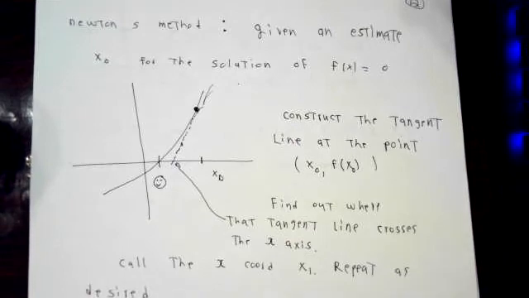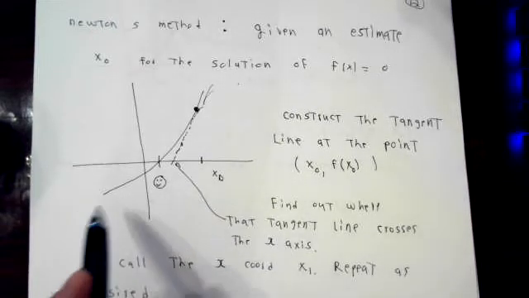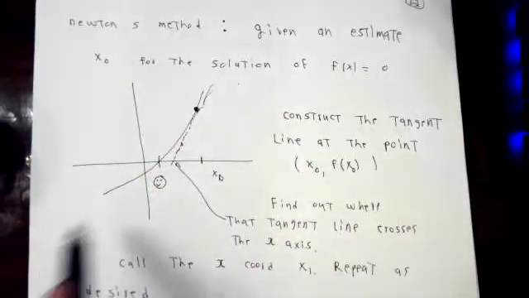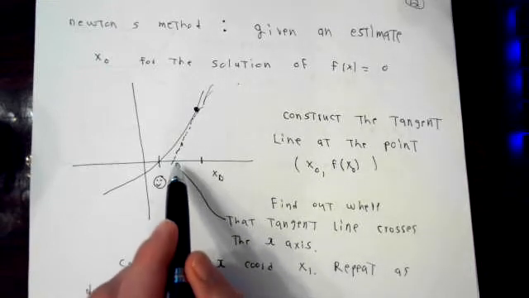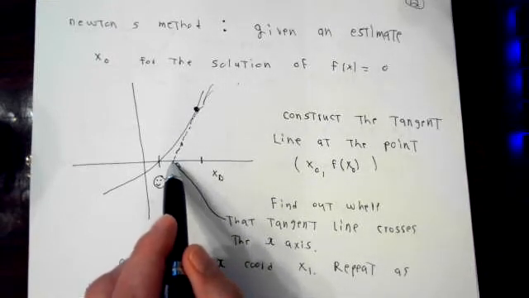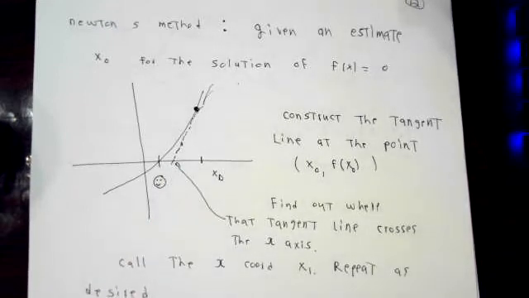And as a hopefully better approximation to a solution of f of x equals 0, I'm going to find not where the graph of f cuts across the x-axis, indicated by the smiley face, but where the tangent line cuts across the x-axis. This will be my new and improved estimate.